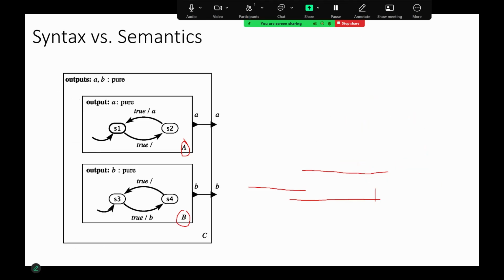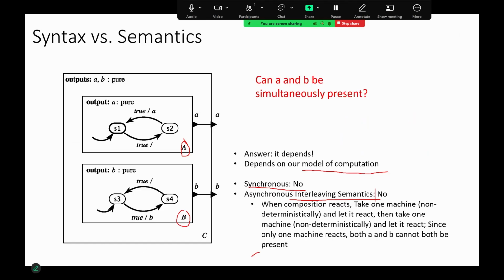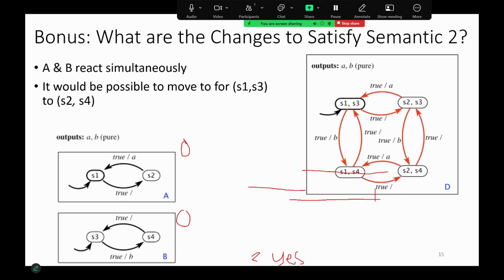However, if you allow semantic two, it is yes, because I'm allowing the transition from here to there, and from 1 1 3 to 2 4. I am still outputting true and nothing.